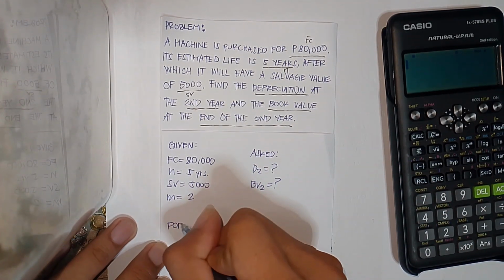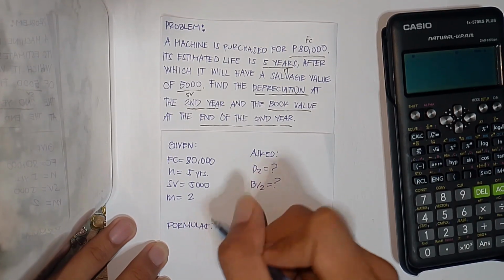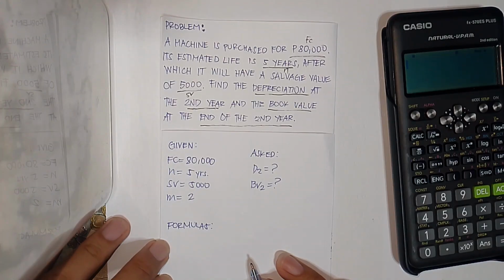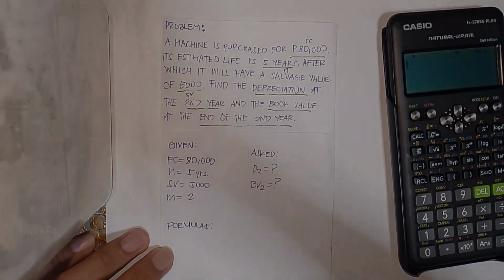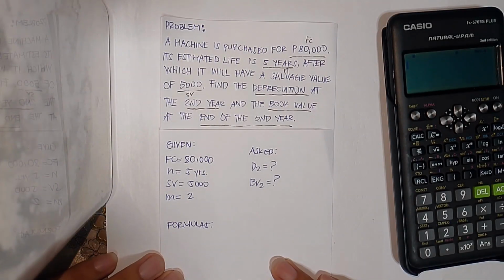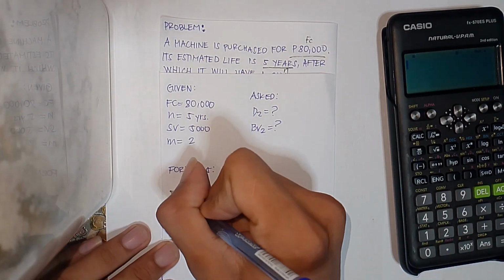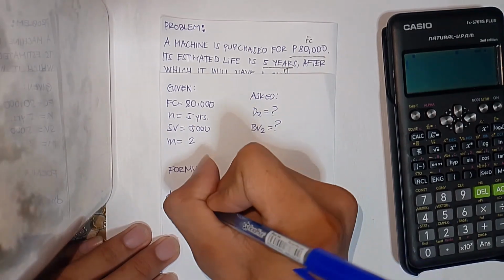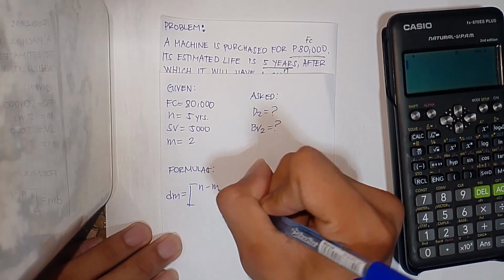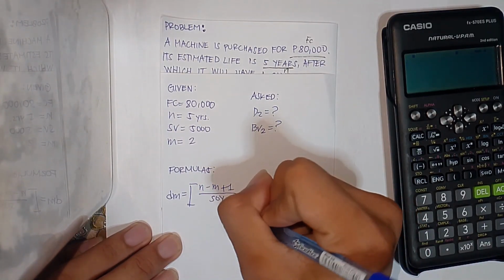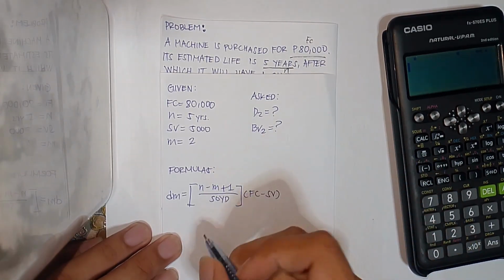Formulas: Dm is equal to (n minus m plus 1) over SOYD times first cost minus salvage value.